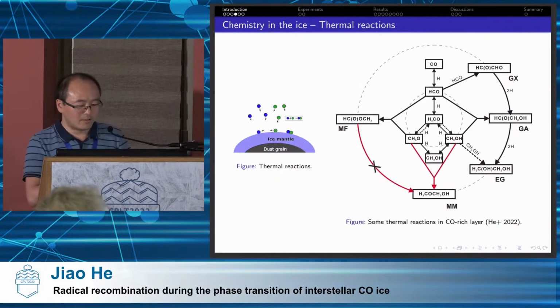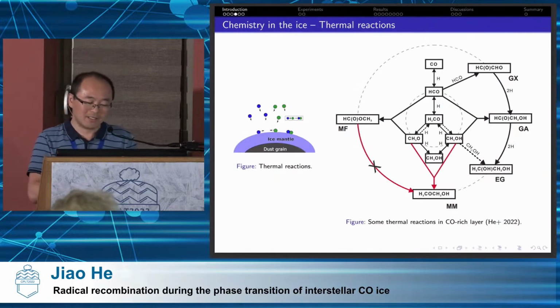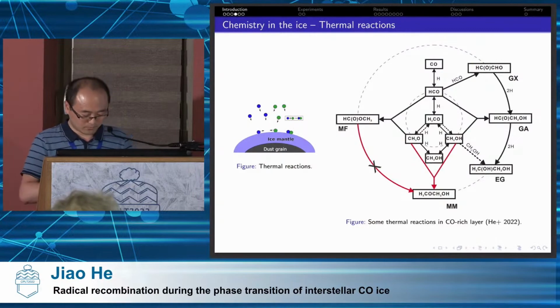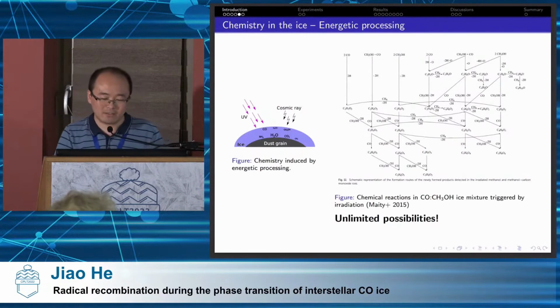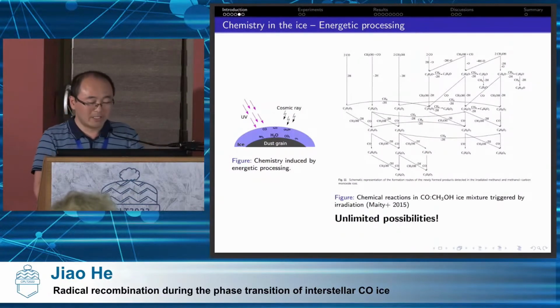So here on the right side, it shows just an example of how complicated the chemistry can be, even starting from the simple material like CO and hydrogen. And this is mostly studied in Leiden Observatory and also by Nelke's group. This is another example. So this shows the irradiation chemistry in the CO-rich layer.